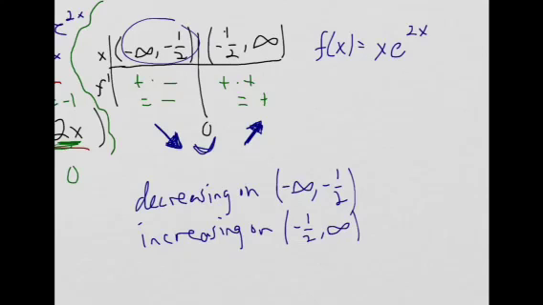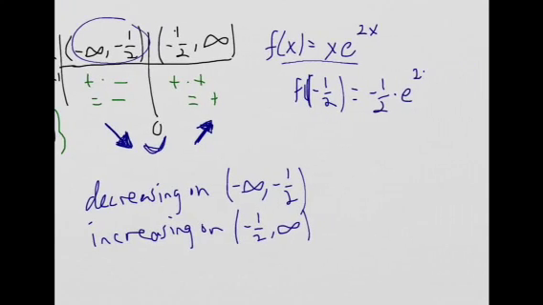That's pretty clear. Notice the wording is find the relative extrema. It doesn't say find the x value, so I really need to find f of that critical value, f of negative 1/2. That is negative 1/2 times e to the 2 times negative 1/2, which comes out to be negative 1/2 times e to the negative 1.